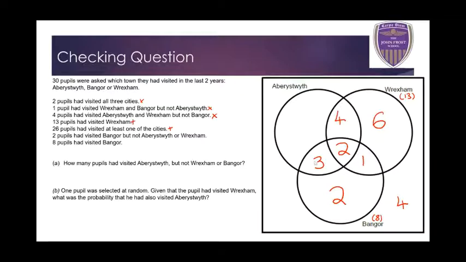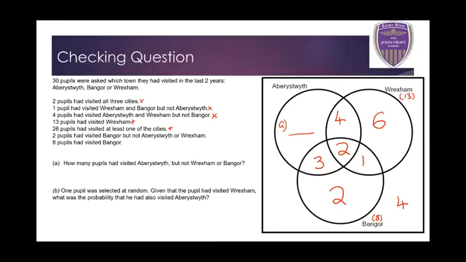Now, the final question here, or part A now, asks how many pupils have visited Aberystwyth but not Wrexham or Bangor? So we're trying to find this number in the only Aberystwyth section of the Venn diagram. And the way we're going to do this, we know that all these numbers have to add up to 30 because there was 30 pupils in total, okay?